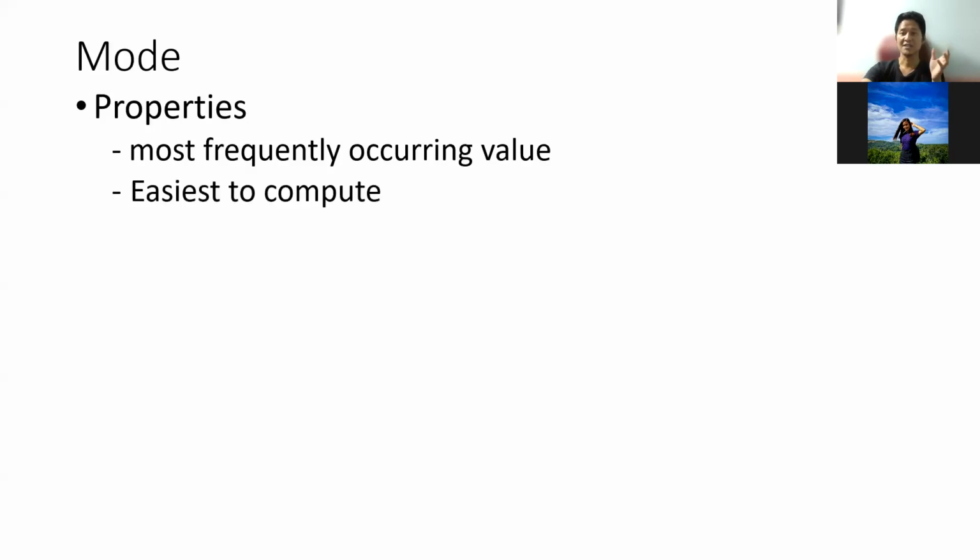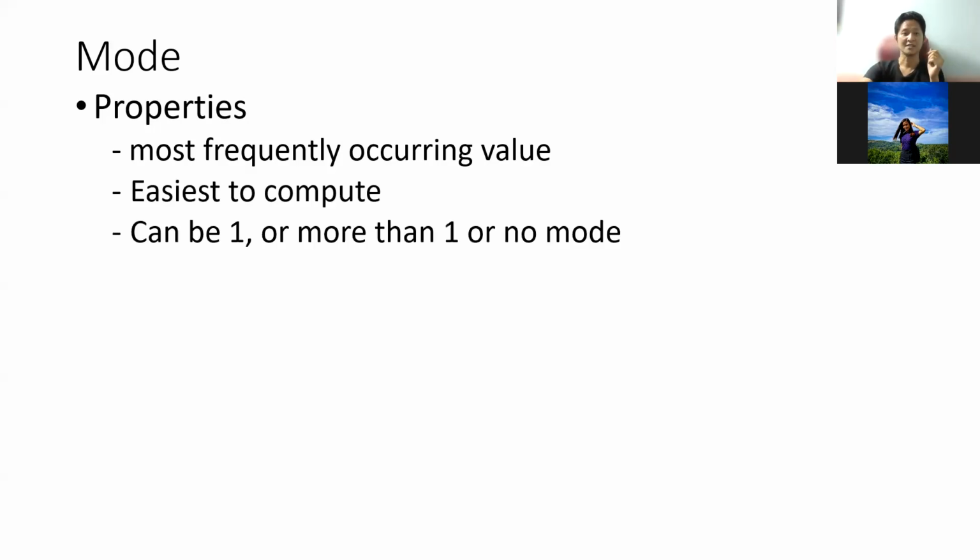So this is easiest to compute kasi there's nothing to compute. You just have to count kung alin ang pinakamadaming occurrence. Unlike the first two measures of central location, ito hindi siya unique. Ibig sabihin pwedeng isa yung mode, pwedeng dalawa, pwedeng tatlo, pwedeng marami, o pwedeng wala. Depende sa kung ano yung magiging itsura ng ating data.